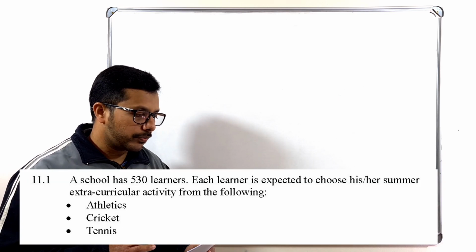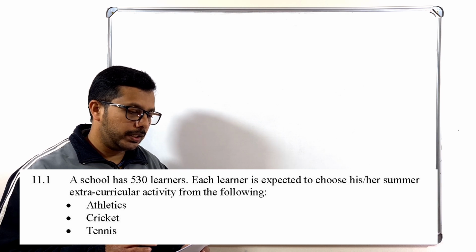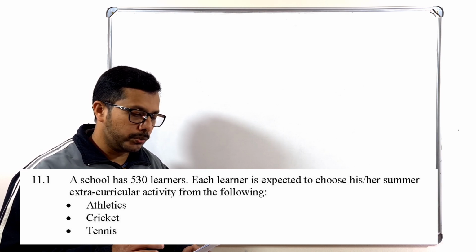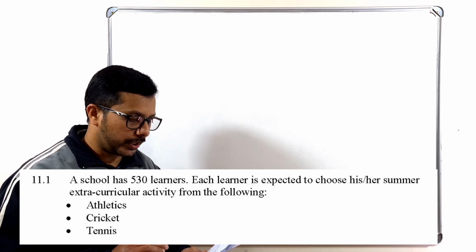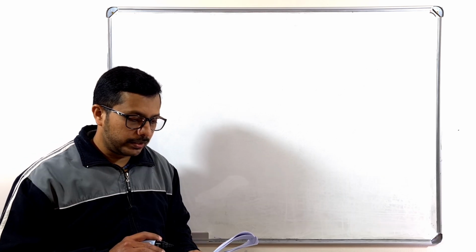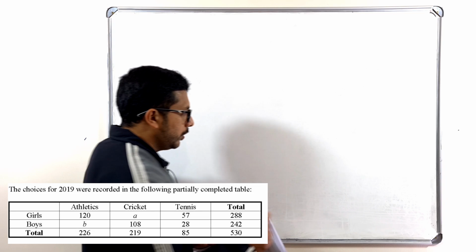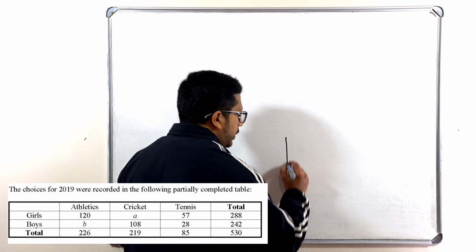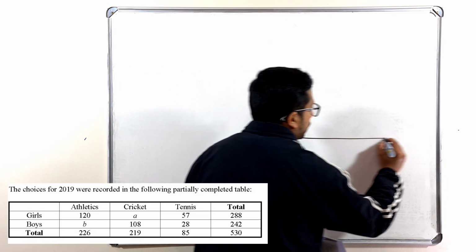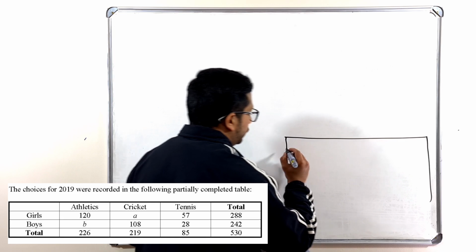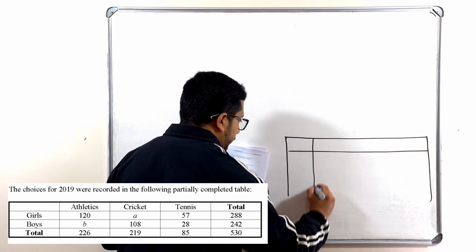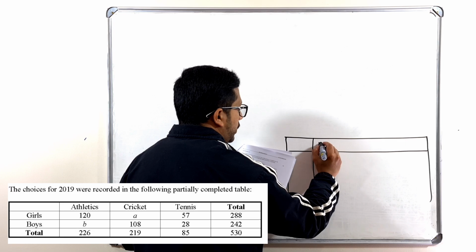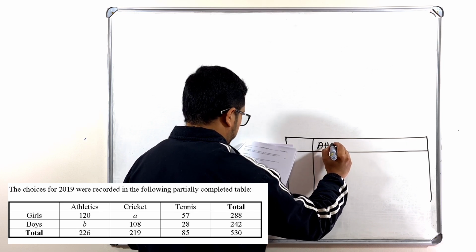A school has 530 learners. Each learner is expected to choose his or her summer extracurricular activities from the following: athletics, cricket, tennis. There is a contingency table given like this. Let me draw that one first. This is athletics.